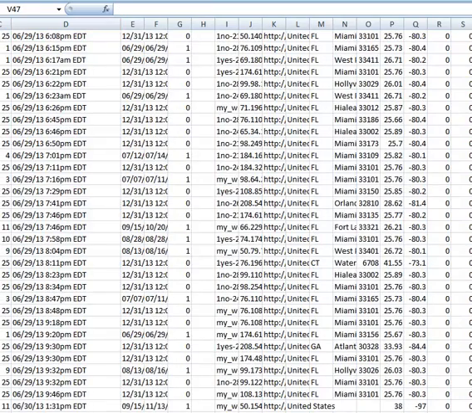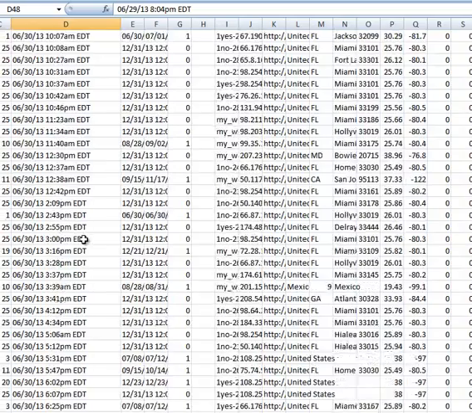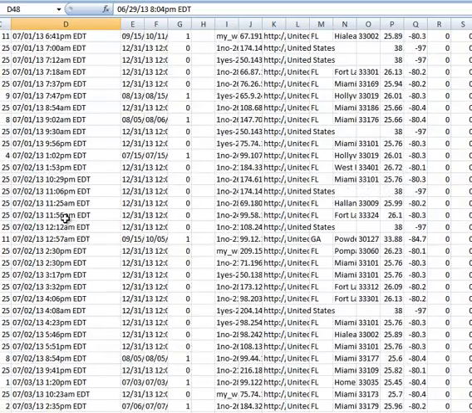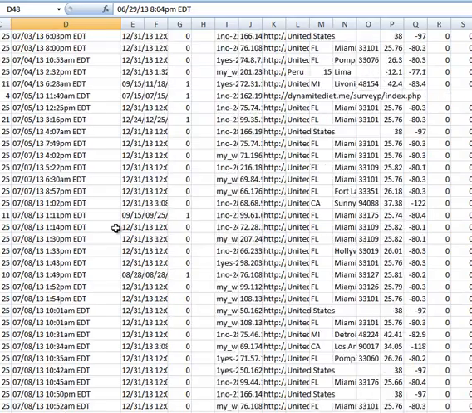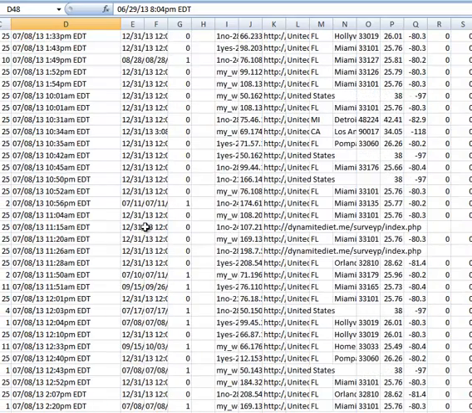Let's see, 50 leads on the first. Seven two. Starts slowing up a little bit around 7-2. We got like 30 leads on 7-2.